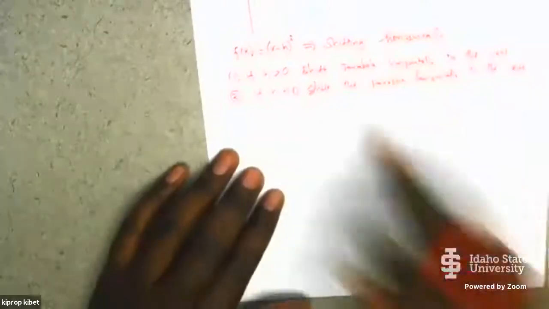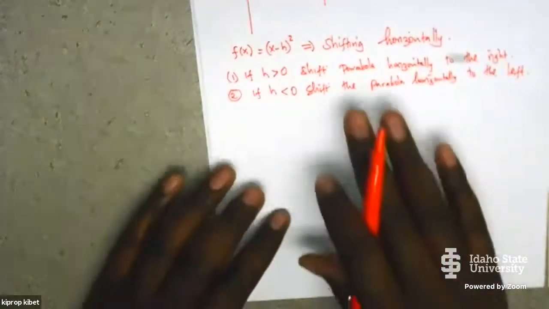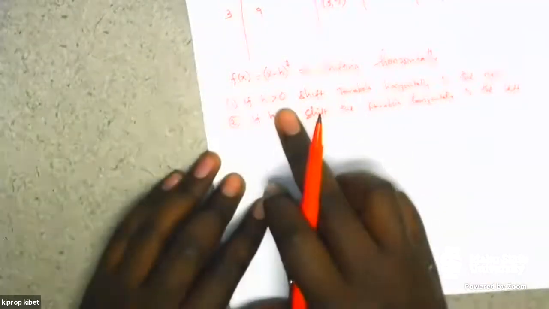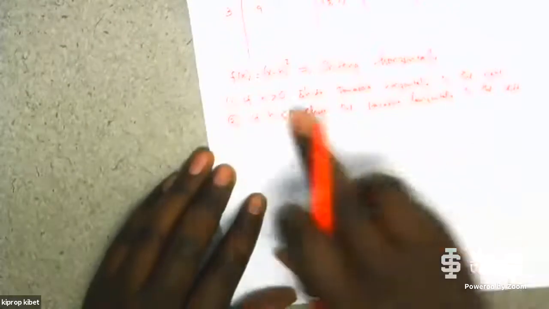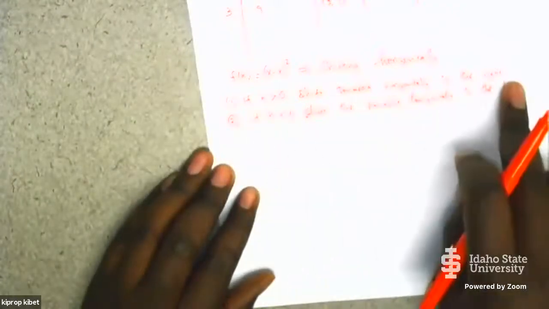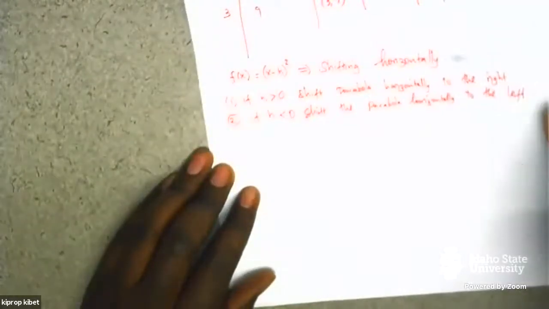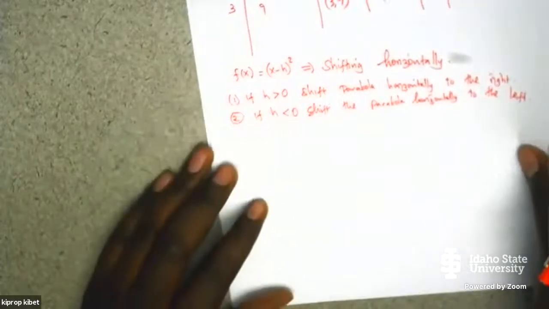So we have seen this. If our h is greater than 0, it means it is positive, then it is shifting the parabola to the right.